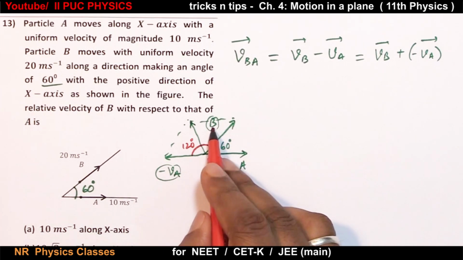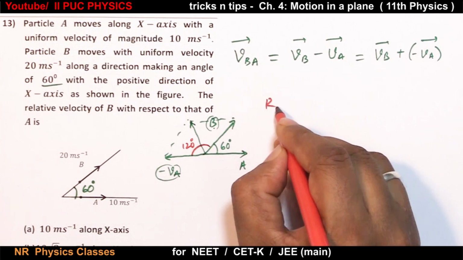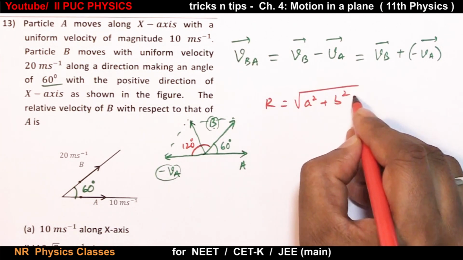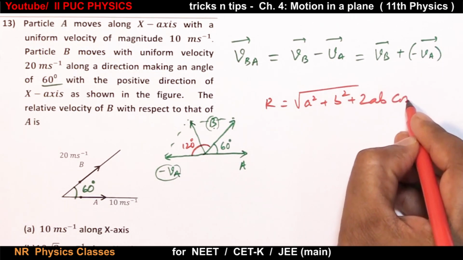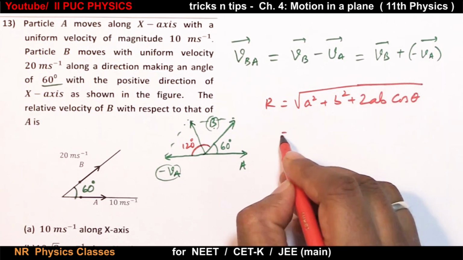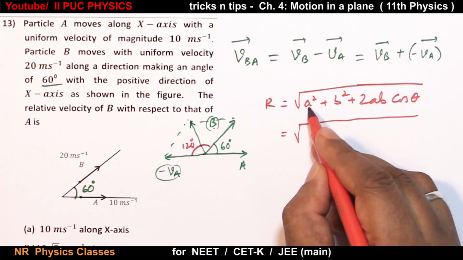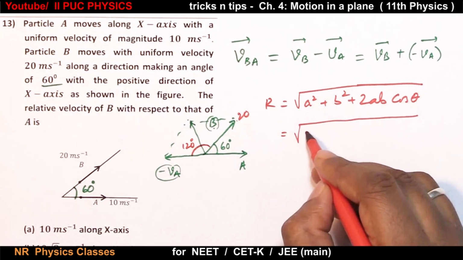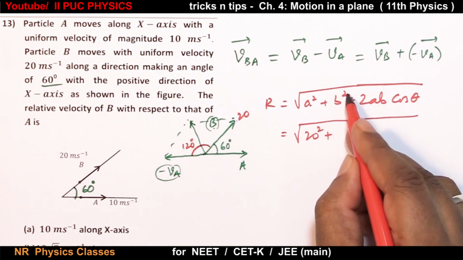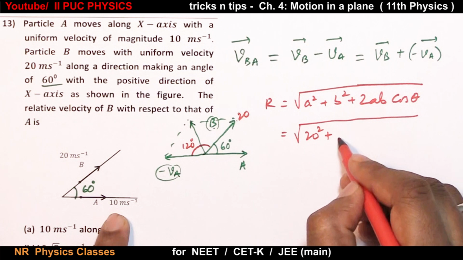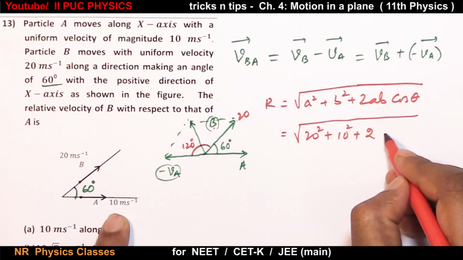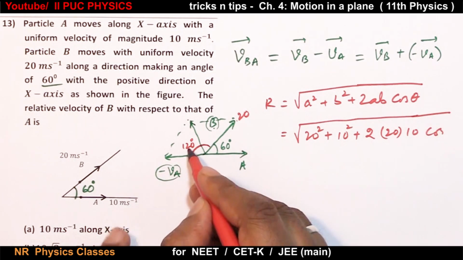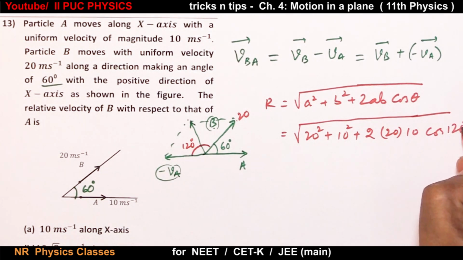Now we have to find the sum of these two. So resultant equals root of that same expression, a square plus b square plus 2ab cos theta, isn't it? This is 20 square plus 10 square plus 2 into 20 into 10 into cos of the angle between the vectors, which is 120. What is cos 120?